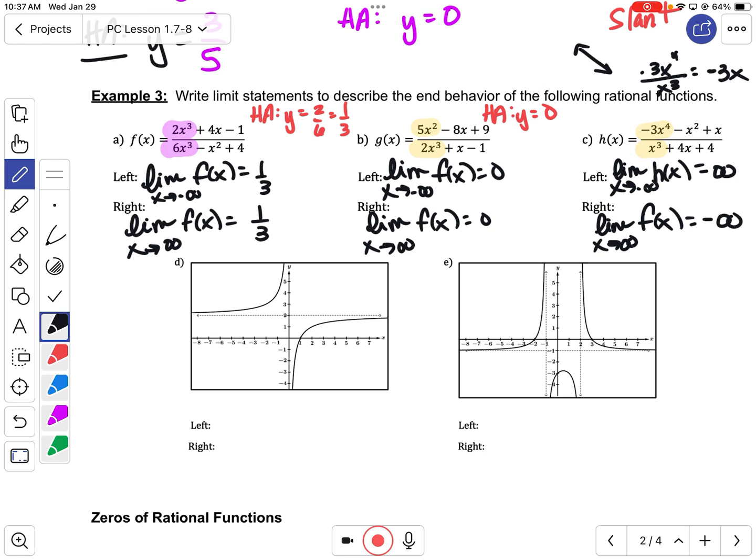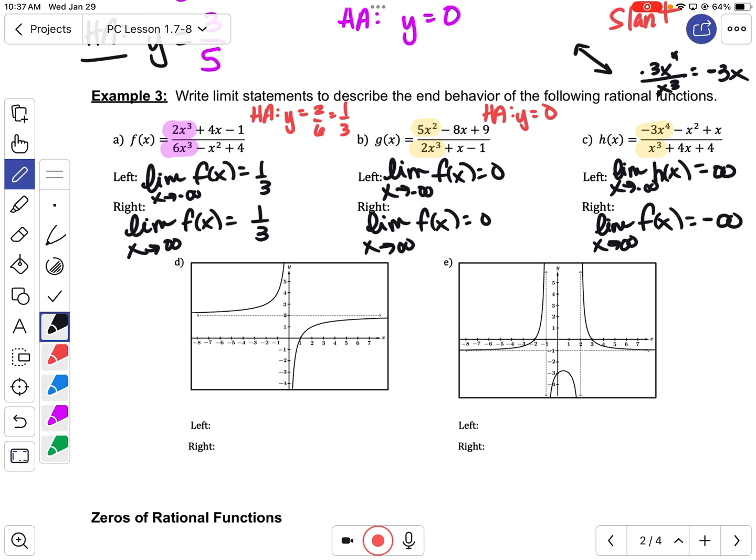So take a second and dig that one especially. When I don't have a horizontal asymptote, we do have to divide and reduce. Our end behavior becomes the end behavior of the quotient. Any questions on those three? Those are our equation ones, the ones you're going to see the most.